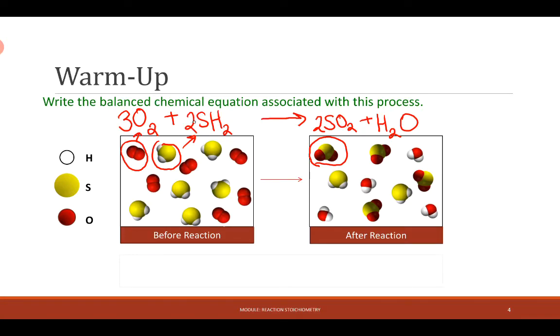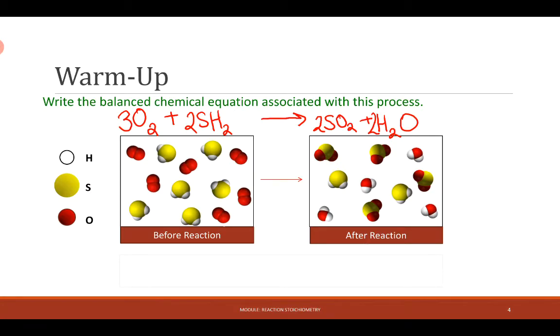And so I could put a 2 here and a 2 here. And so that gives me 4 hydrogens, 4 hydrogens. That gives me 2 oxygens plus 4 is 6 oxygens, 2 sulfurs, 2 sulfurs. So I believe we are balanced now in this chemical equation.